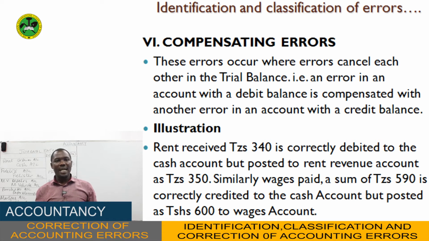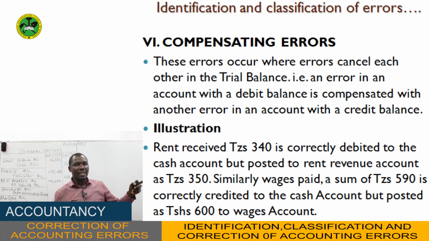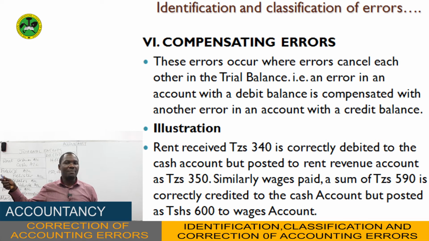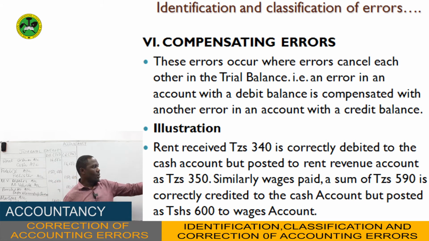If you commit an error in an account with a debit entry of some amount, then you commit another error in an account with a credit balance of the same amount, then in the trial balance, these two errors on the debit side and credit side will cancel each other. So an error in an account with a debit balance is compensated by another error in an account with a credit balance. Let's see an illustration.